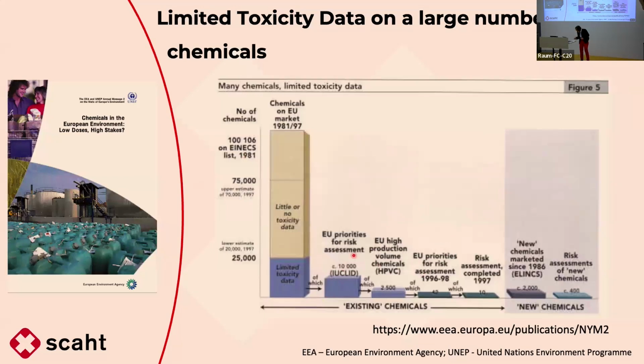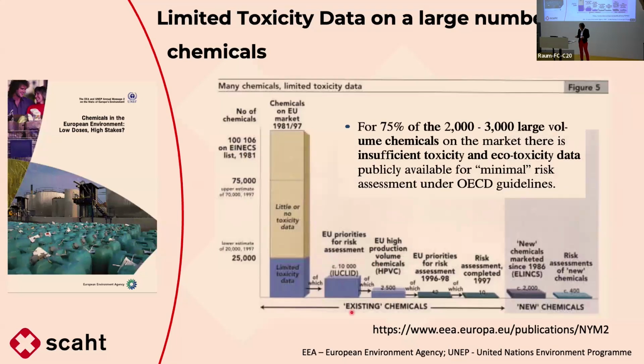You see that there's really very little information, and for 75% of the 2,000 to 3,000 volume chemicals on the market, there is insufficient toxicity, and also not only human but also ecotoxicity data. So the more complicated, the more labor and resource intensive the testing becomes, of course, the less information we can provide just due to logistics.